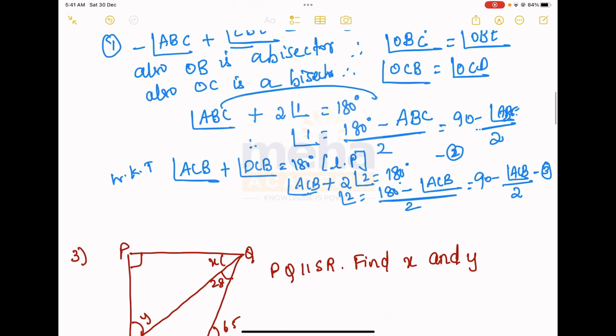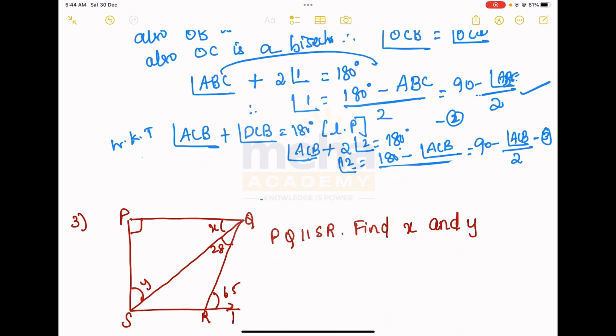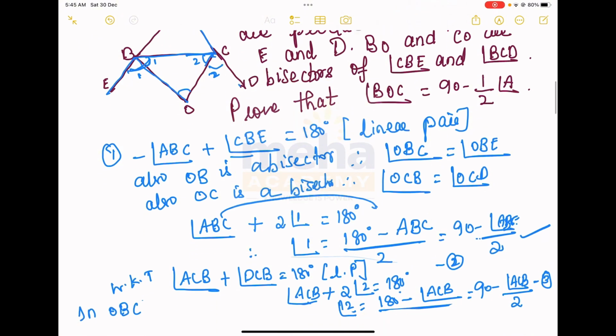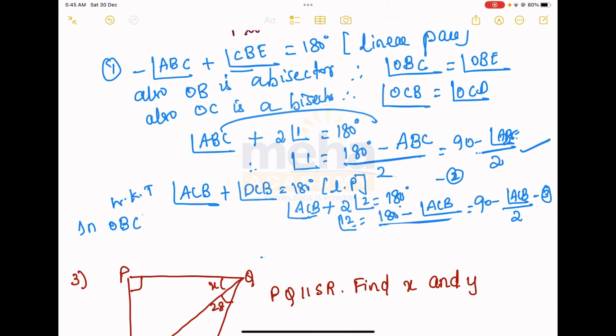So now let us take the triangle. After assuming 1 and 2, in triangle OBC, we know angle BOC plus angle 1 plus angle 2 will be equal to 180 degrees.